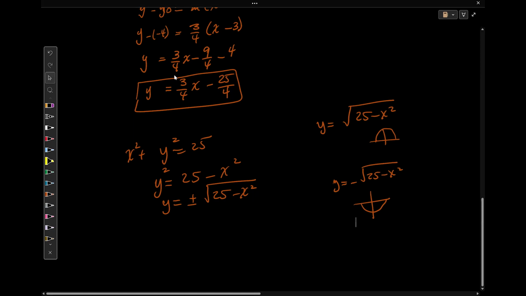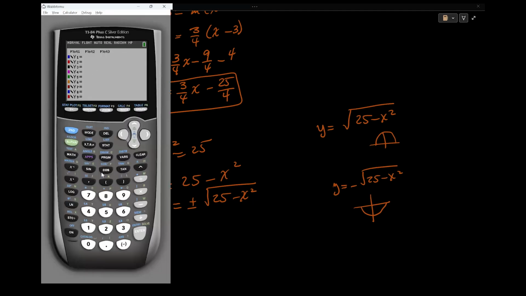So let's go ahead now and put in the square root of 25 minus x squared, and let's graph it. There is the top one. Awesome. So now let's go ahead and compute the tangent line. Let the calculator do it for us at x equals 3.